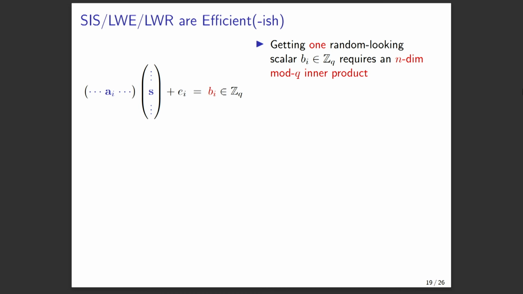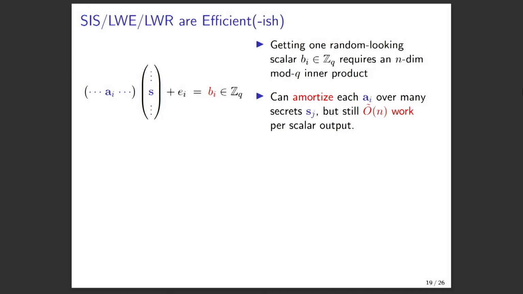But in practice, these dimensions are pretty big, and this does take some time. And you can do some amortization tricks, but basically you have to do about linear work for every pseudo-random scalar that you produce. So for every random-looking value in mod Q, you've got to do about linear work.